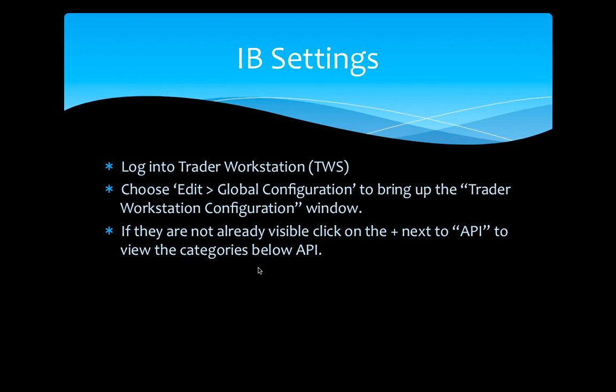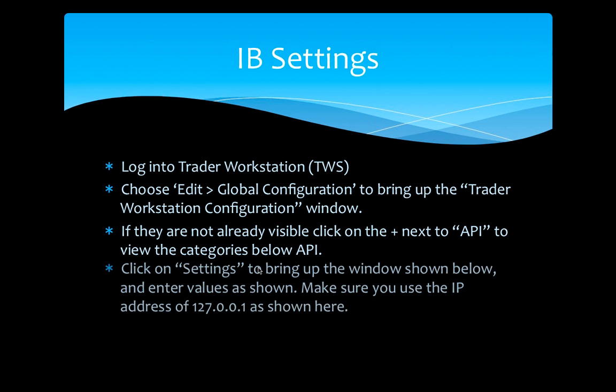Next step, you will need to enable the API, which will allow you to connect external data from Interactive Brokers to OptionVue, to the module which is called broker quotes. Assuming that you do have this module with OptionVue, it will enable you to get quotes from Interactive Brokers into your OptionVue.